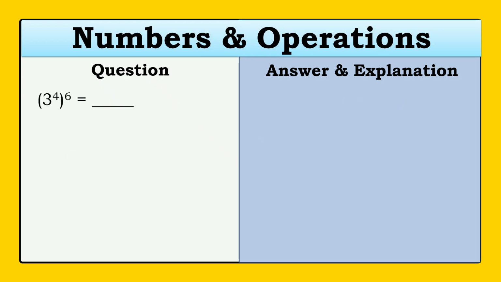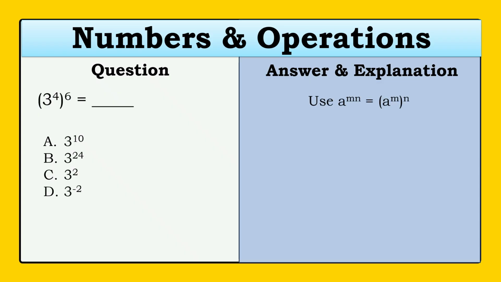Next question. The quantity of 3 to the 4th raised to the 6th power is equal to blank. A, 3 to the 10th; B, 3 to the 24th; C, 3 squared; or D, 3 to the negative 2. What do you think the answer is? Alright, let's solve.